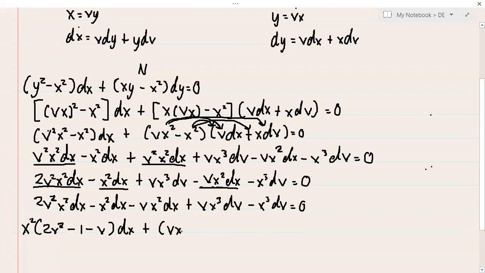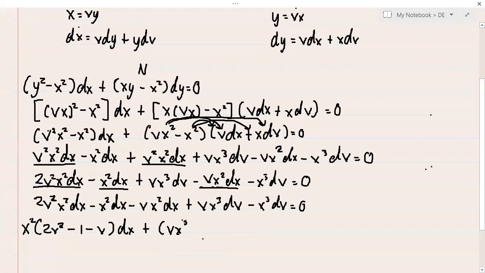So, we will have vx cubed minus x cubed times dv is equal to 0. Or, pwede pa natin itong i-simplify pa. Kasi ito sa loob ng parenthesis na katapat ng dv, they are both divisible by x cubed, at yan yung greatest common factor nila.